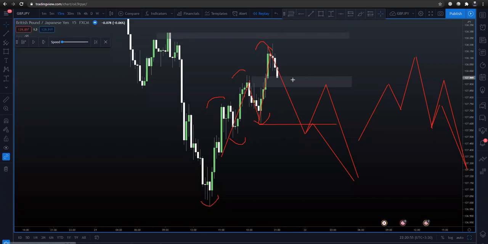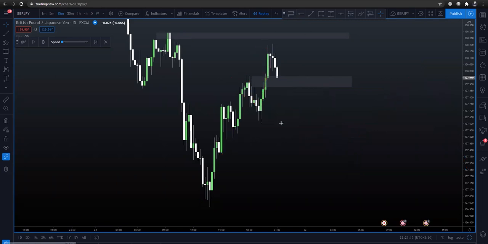Because the QM is kind of like a fake out, but a professional fake out, because all of the things show us that the trend and the structure have changed.